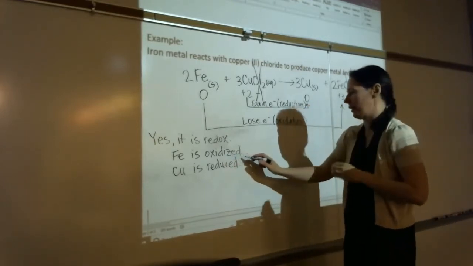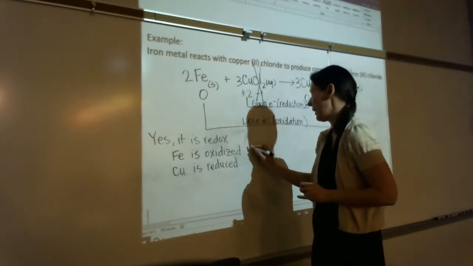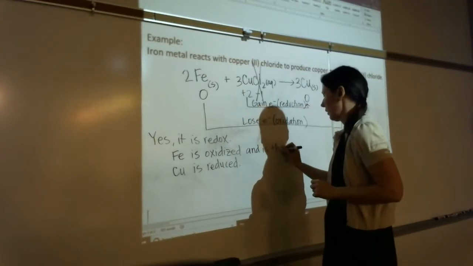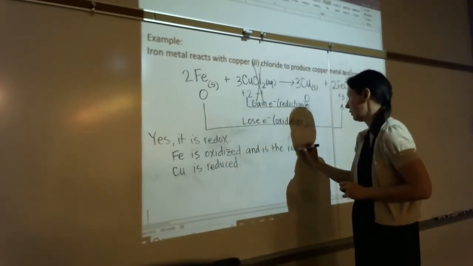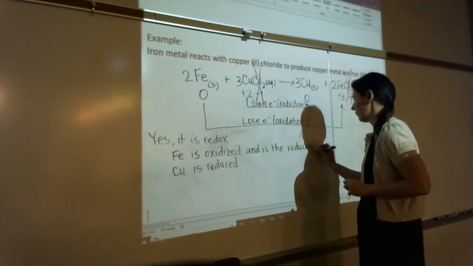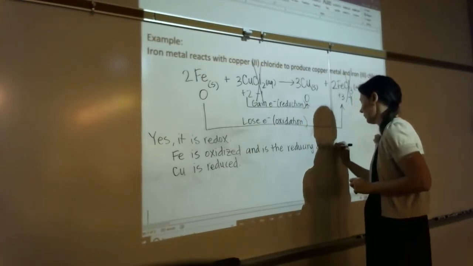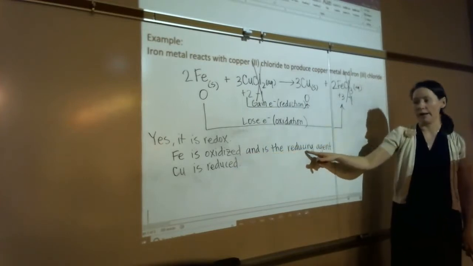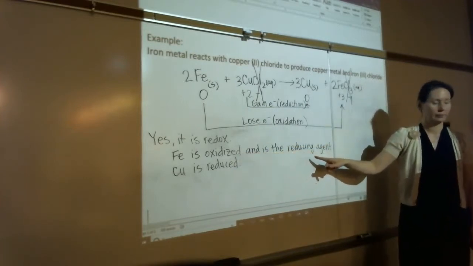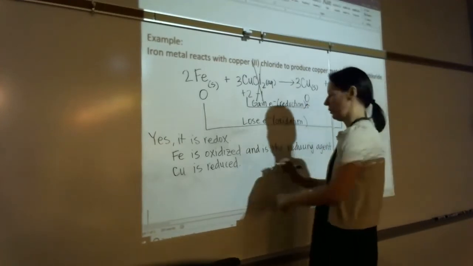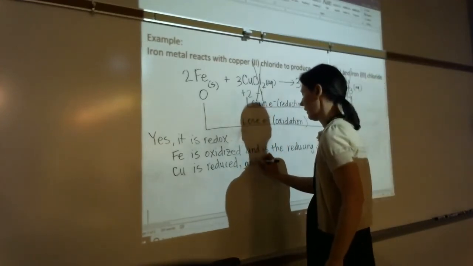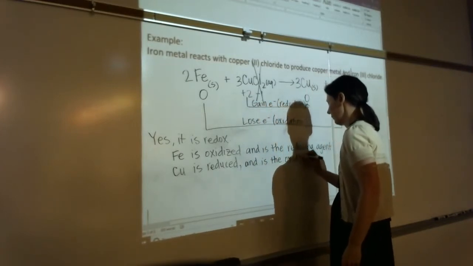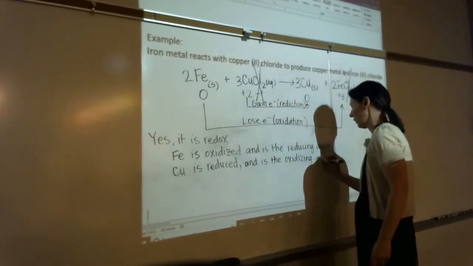So iron is oxidized, and that makes it the reducing agent. Does that make sense? If you get oxidized, you're allowing someone else to get reduced. Copper is reduced and is the oxidizing agent.